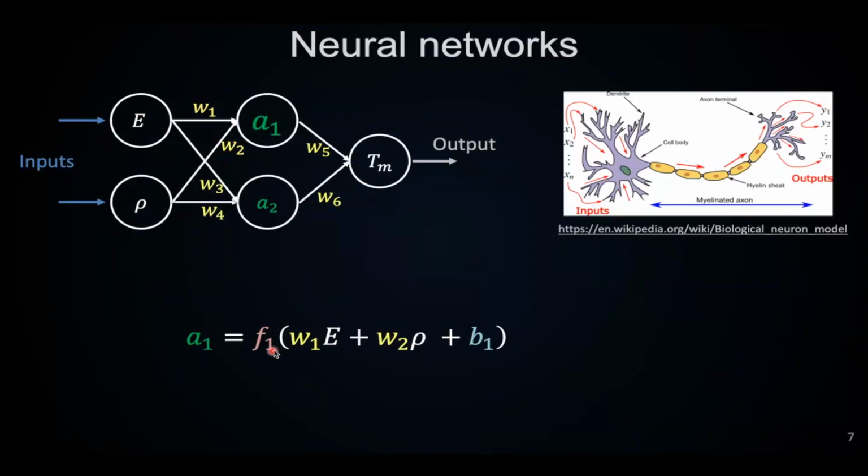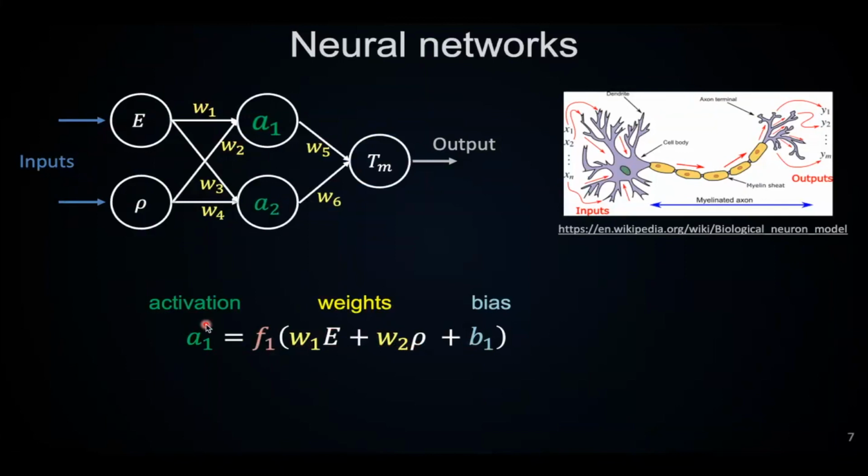So the output of neuron 1 is the inputs E and rho times the weights W1 and W2, plus a bias. Every neuron has a bias. Those are all the inputs. You apply a function called the activation function, and that provides the output of neuron 1.